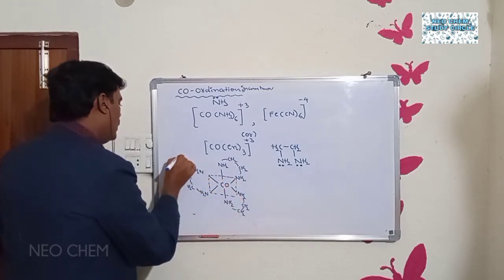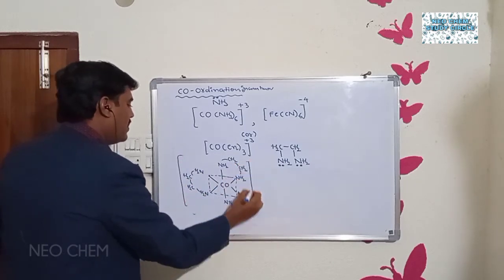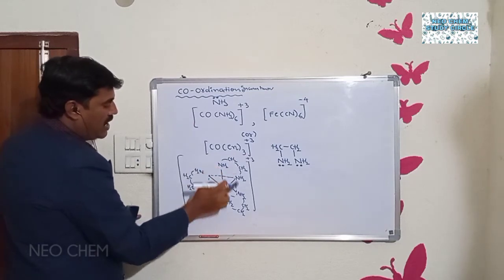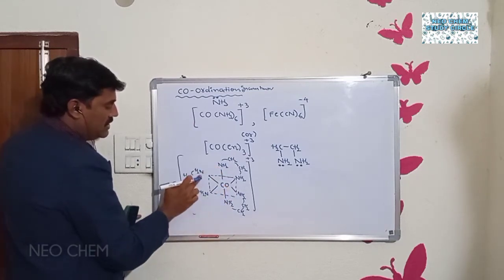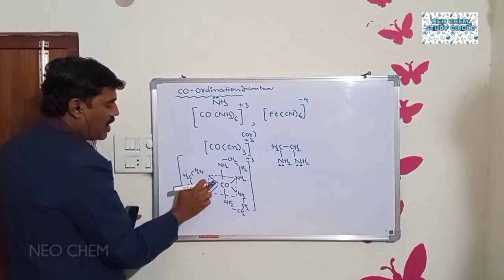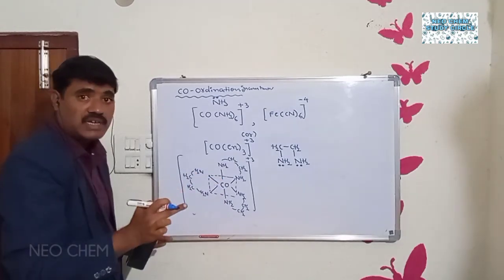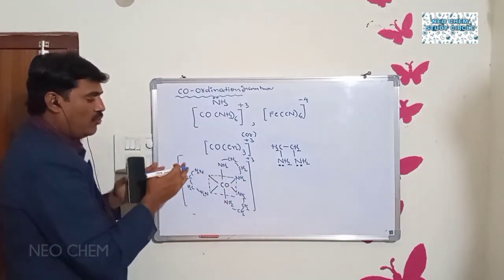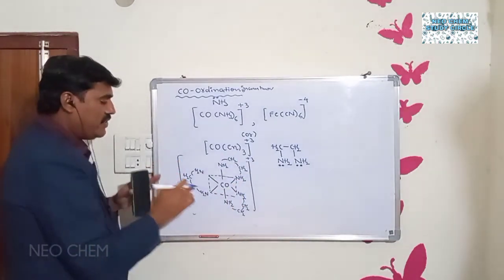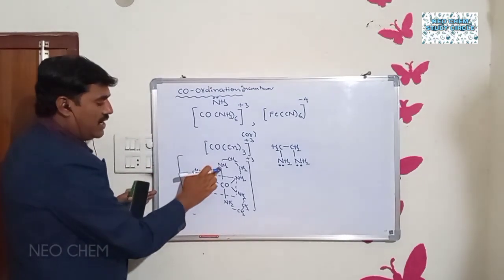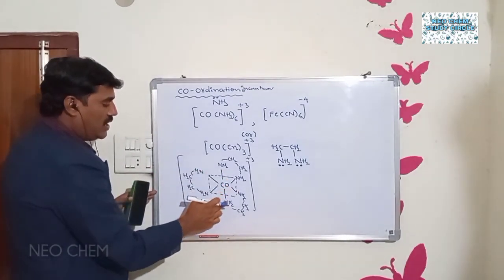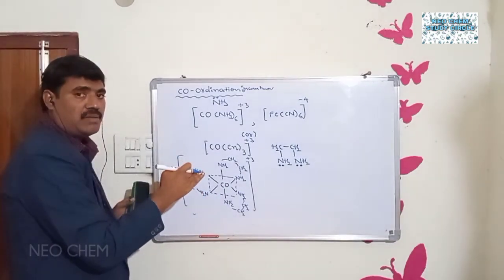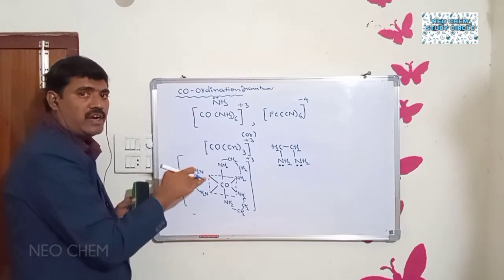What I told you about the definition of the coordination number: the total number of atoms binding with the central metal atom through coordinate covalent bonds is called the coordination number. So in this complex compound, how many atoms are binding with the central metal atom? Totally 1, 2, 3, 4, 5, 6. 6 atoms are binding with the central metal atom through coordinate covalent bonds.